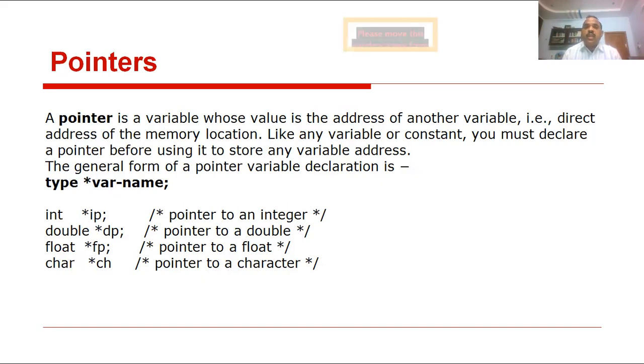Like any variable or constant, you must declare a pointer before using it to store any variable address. The general form of a pointer variable declaration is type asterisk variable name. In pointer concepts, there are two operators playing major roles.